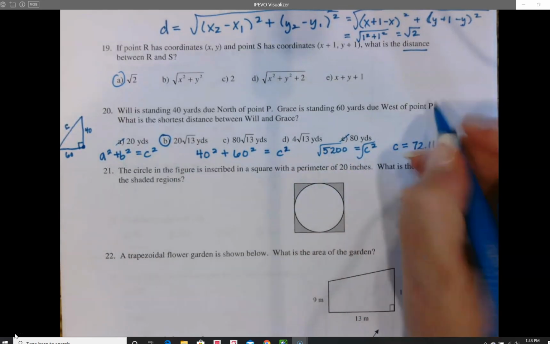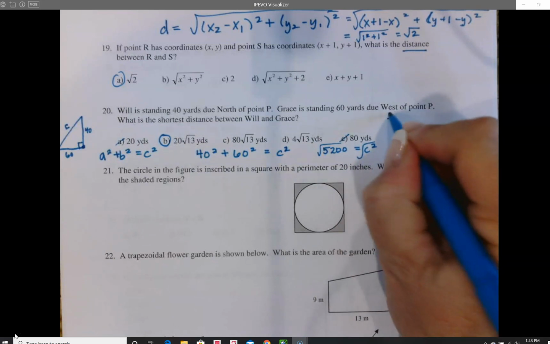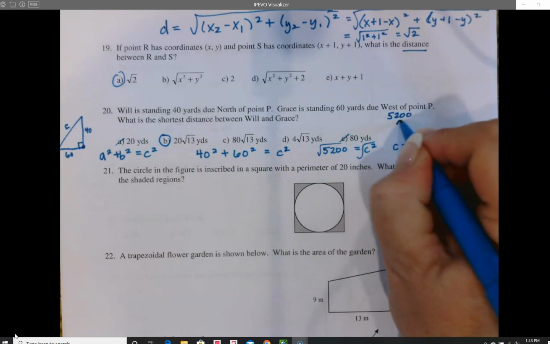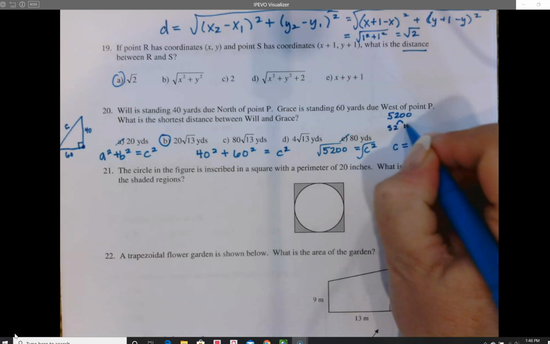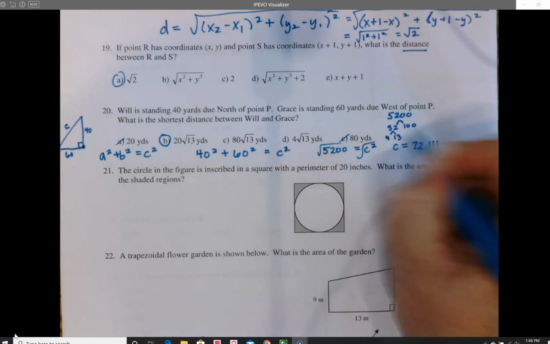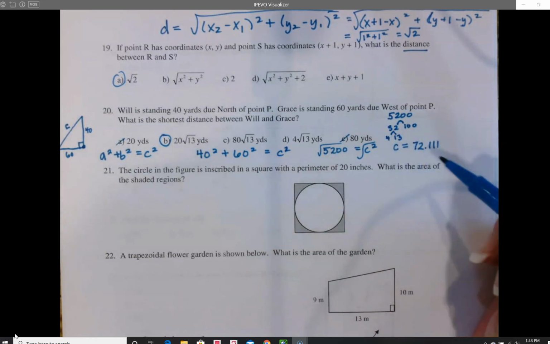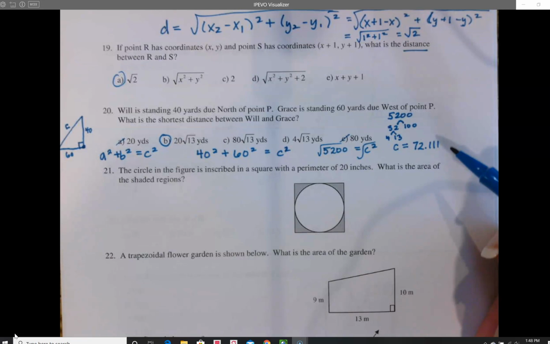The square root of 5200, I can rewrite that. I'm going to do a factor tree on 5200, and that's 52 times 100. And 52 is 4 times 13. So what happens, I've got a couple of perfect squares here. I'm not going to prime factor it all the way down.